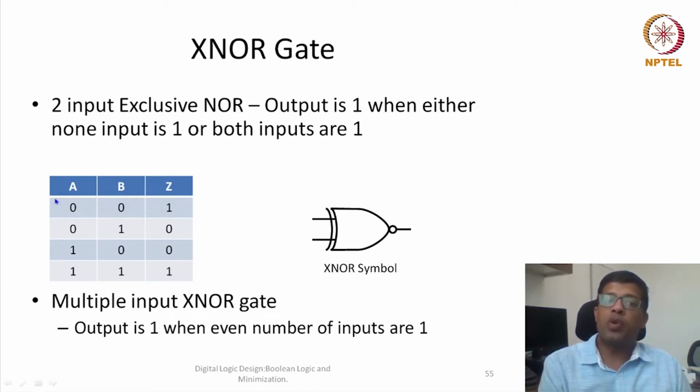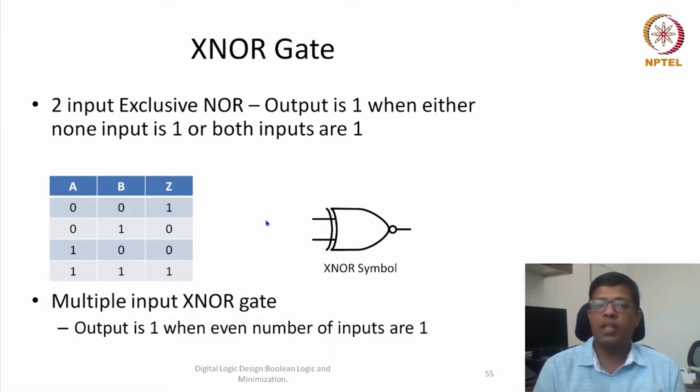So if the number of ones in any input pattern is 0, 2, 4, 6, then the output of the XNOR gate would be 1. Otherwise, the output is 0.